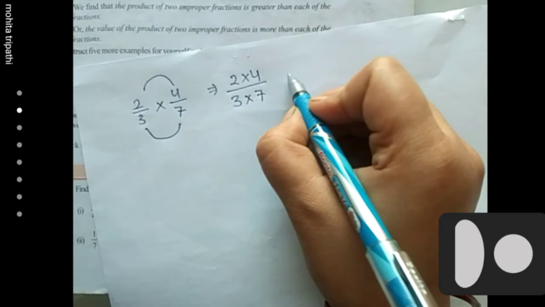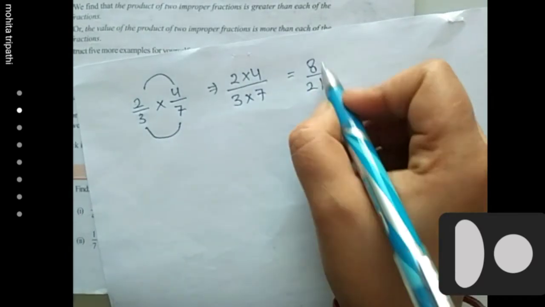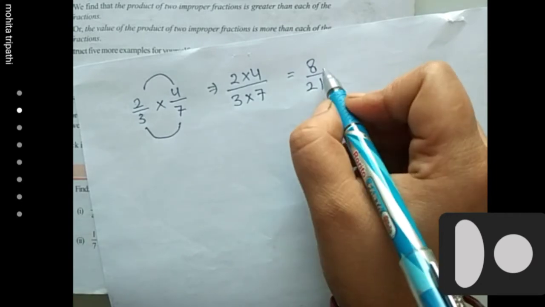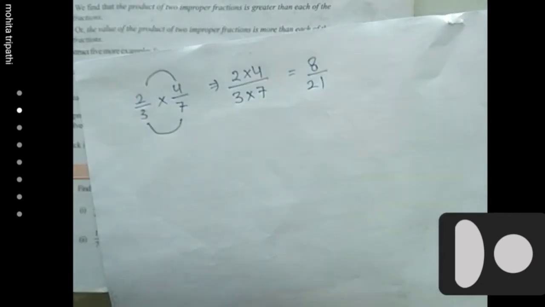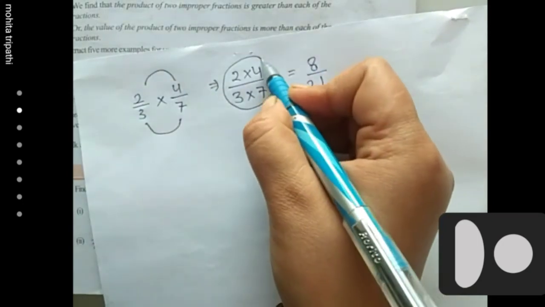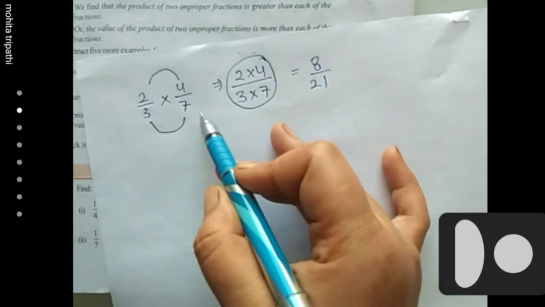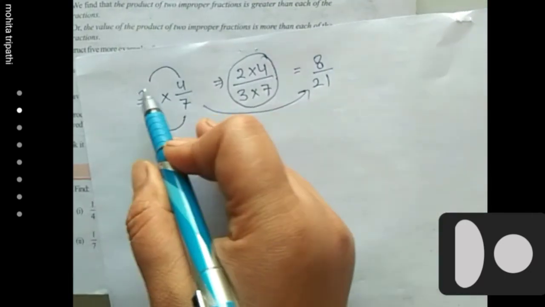So 4 2s are 8 and 3 7s are 21. If you can reduce it, you can reduce it to the lowest form. No need to write this statement, I'm telling you this only for your clarity. You can just directly write it as 4 2s are 8, 3 7s are 21.